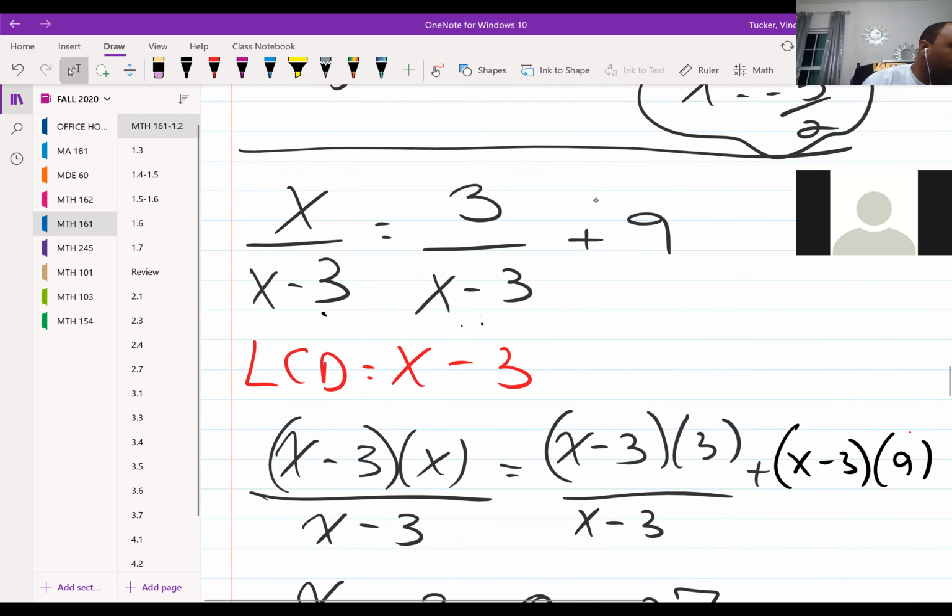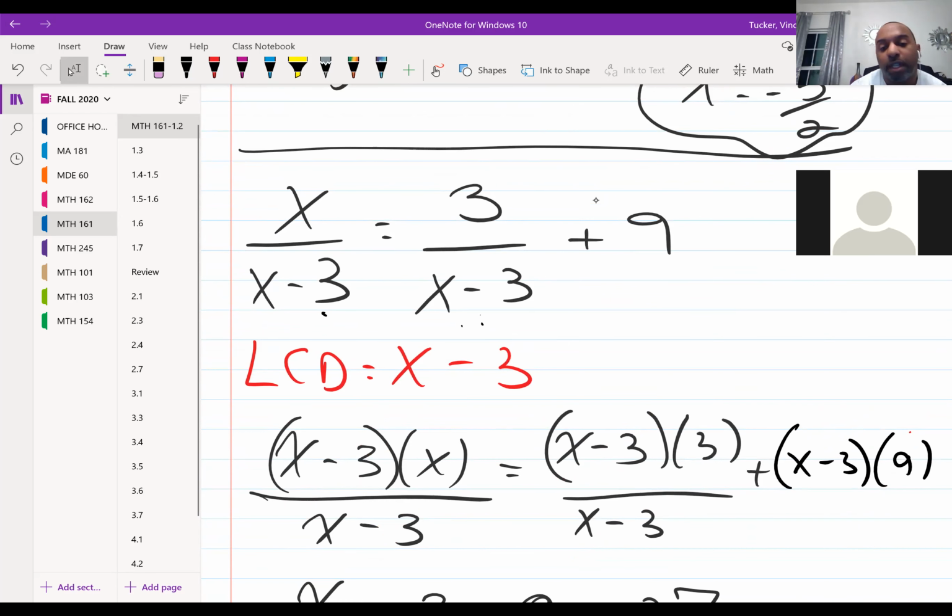All right, so the next one: x over x minus 3 equal to 3 over x minus 3 plus 9. LCD is x minus 3, because that's our only denominator. So we're going to take that x minus 3 and multiply it to each numerator.